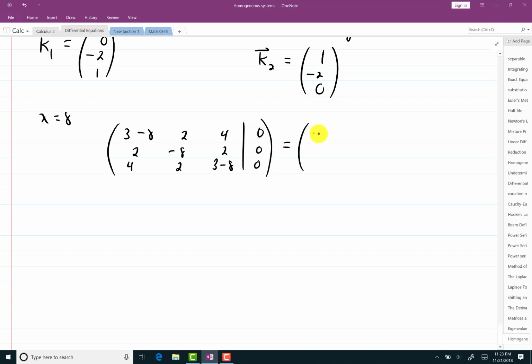When I simplify, I get negative 5, 2, 4, 0, 2, negative 8, 2, 0, 4, 2, negative 5, 0.